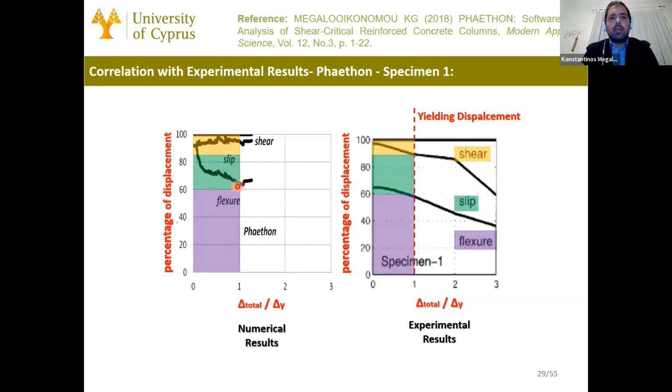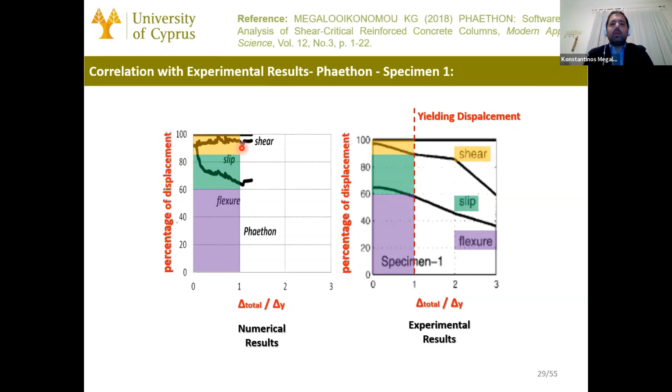And you can see that there is a little bit more flexural contribution in Python. Slip is the same, and the shear is a bit underestimated. But overall, considering the complexity of this problem and how the different contributions are defined, we can be satisfied with the comparison.